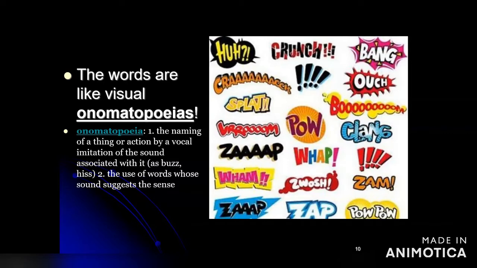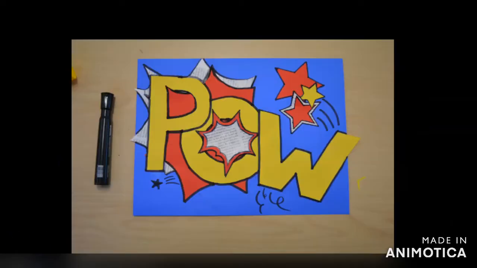Or buzz, hiss. They all are words that sound like what is happening. So the use of words which the sounds suggest the meaning of the word, right? Crack, splat. They all kind of, the sound of them suggest what is happening or what that word means.